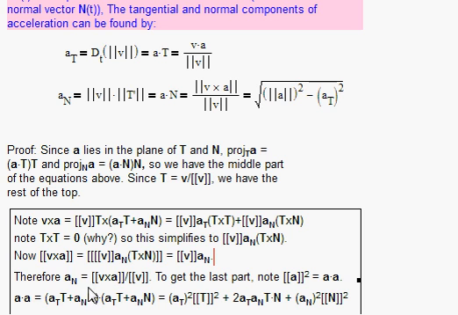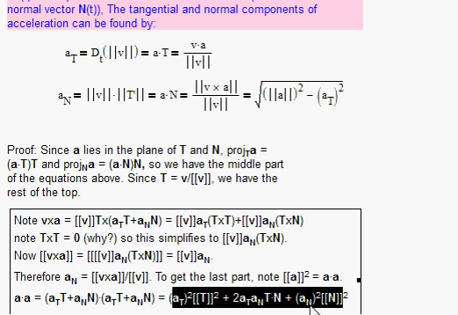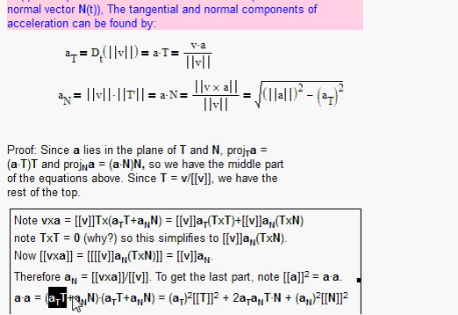And so therefore our a_n is the length of v cross a over the length of v, and to get the last part, note that the length of a squared is a dot a, so a dot a is equal to all this, which is the same as all this. If I just merely multiplied it out, this times this, this times this, this times this, that means there's two of those, and finally this times this.